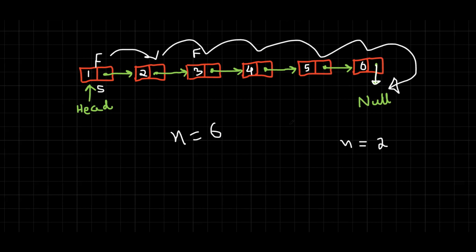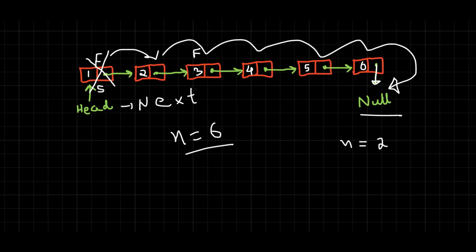Now, if the value of n is exactly equal to the size of the linked list, the fast pointer will be pointing to the null. And if this is the case, we have to remove the first element of the linked list. So we have to return head of next. It is another test case.